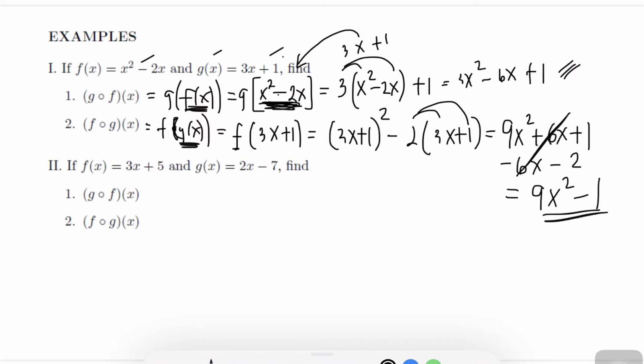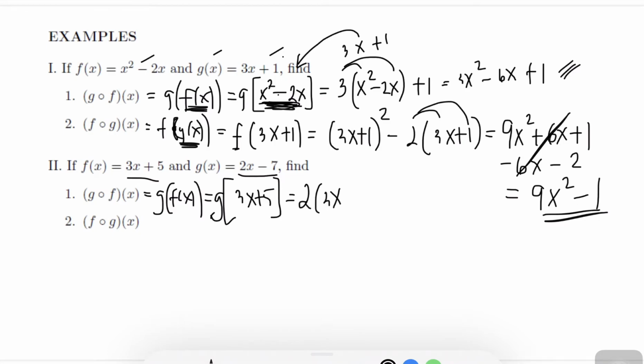Okay, next for 2, we have this is g of f of x. So again, this is g. Substitute f of x. Our f of x is 3x plus 5. Then since now we are on function g, we'll use this 2 times our new x, which is 3x plus 5 minus 7.